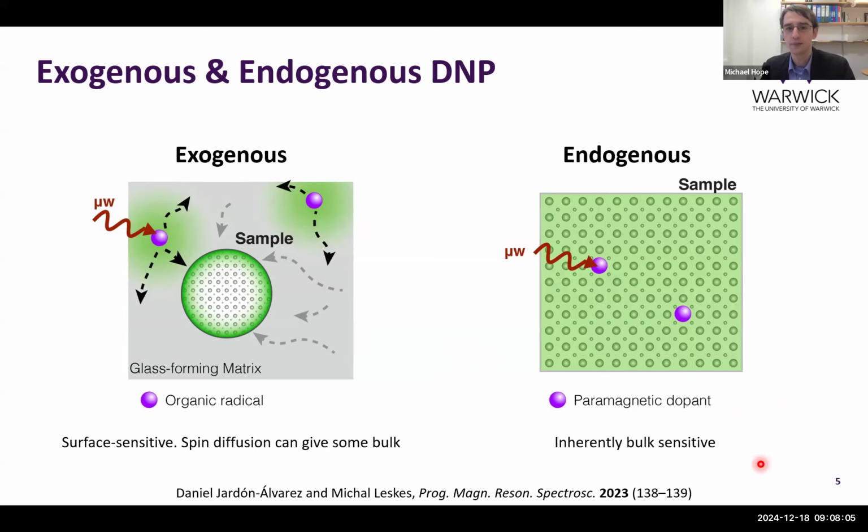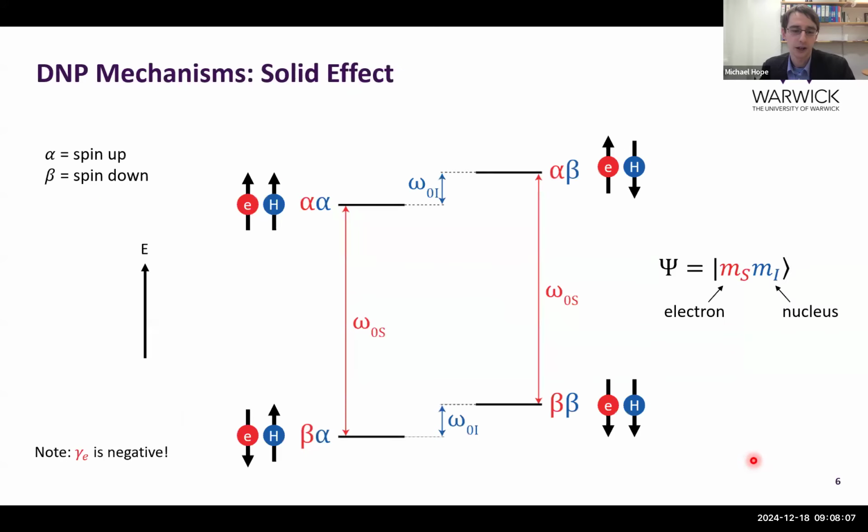Okay, so if we're doing endogenous DNP using high-spin metal ions, we're typically using the solid effect. I'm going to take a little bit of time to explain roughly how the solid effect works. To understand the solid effect, we need to consider a 2-spin system, 1 electron and 1 nuclear spin, which results in these 4 levels.